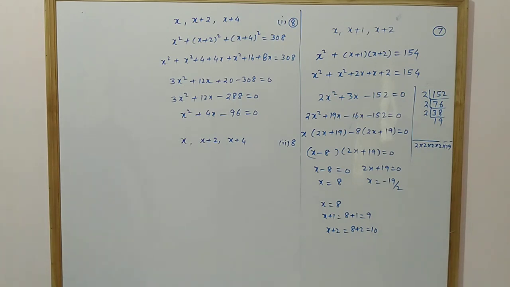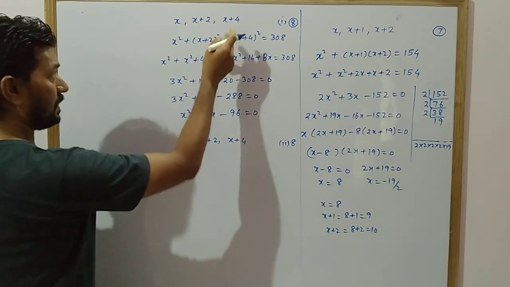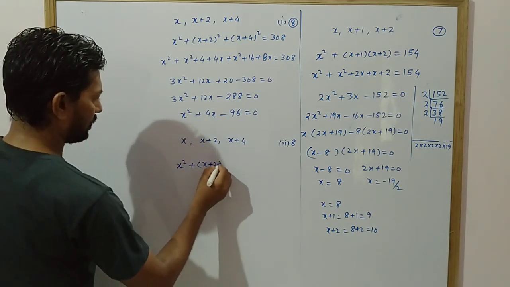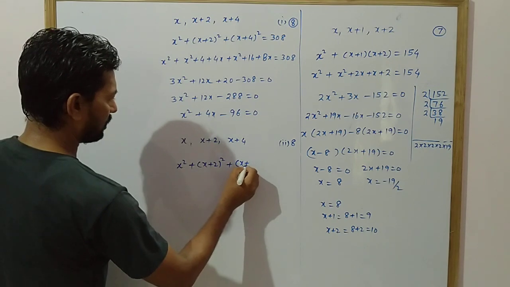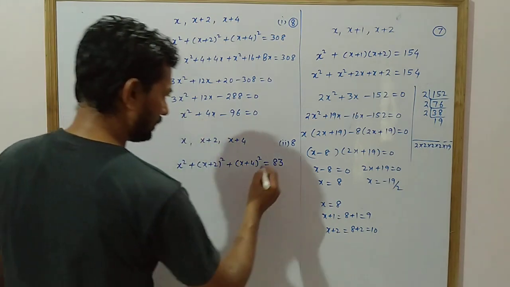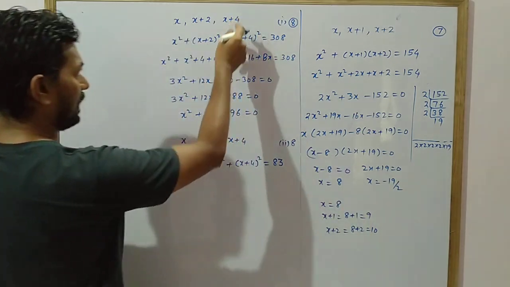So it will be simple, that is x, x plus 2 and x plus 4, and the sum of whose squares is 83. Similar to this one, x square plus (x plus 2) the whole square plus (x plus 4) the whole square equal to 83. Now it can be done as we have done this one.